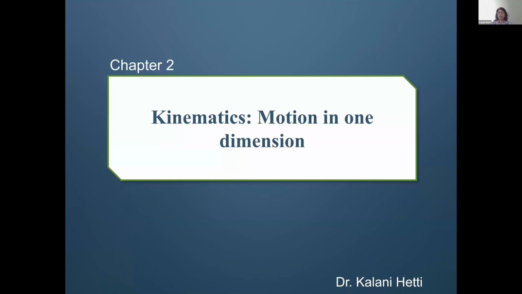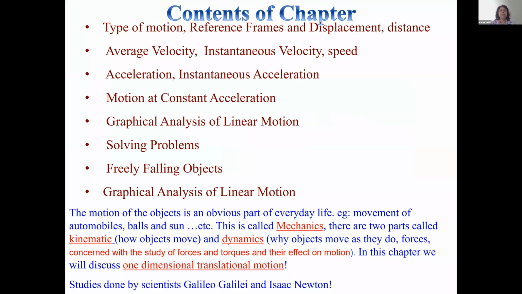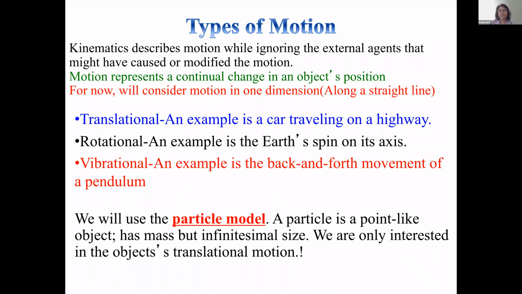So we're going to talk about kinematics, that means one-dimensional motion. Okay, so let's move into the types of motion. Kinematics describes the motion of the object by ignoring external agents that might cause or modify the motion.